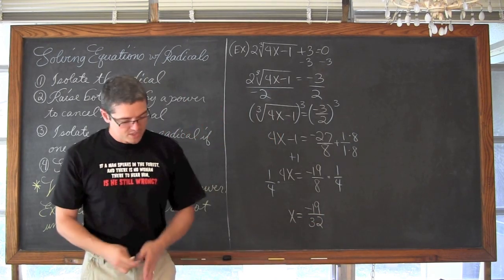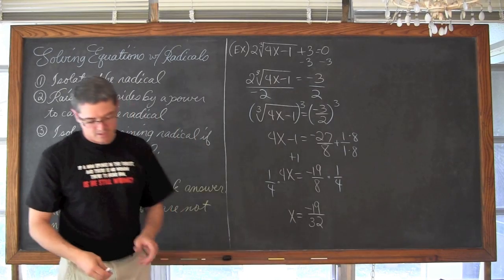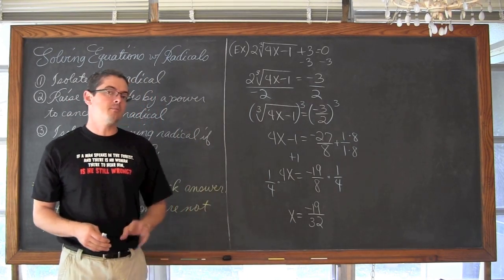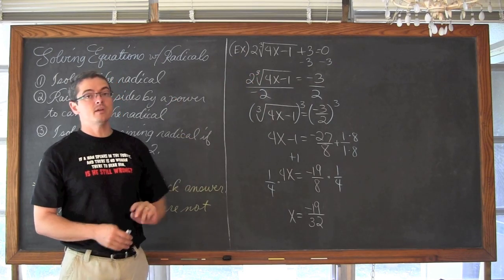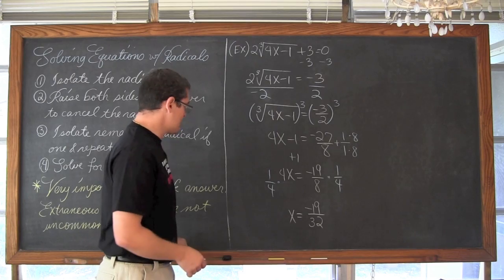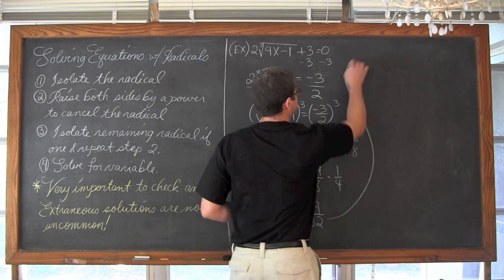Now I want to check my work, but I also want to make sure that I'm showing you the right steps as well, and we're good. We're going to take this answer now and plug it back into the original function to make sure we did not get an extraneous solution. So we're going to get our green chalk out. We're going to check it.